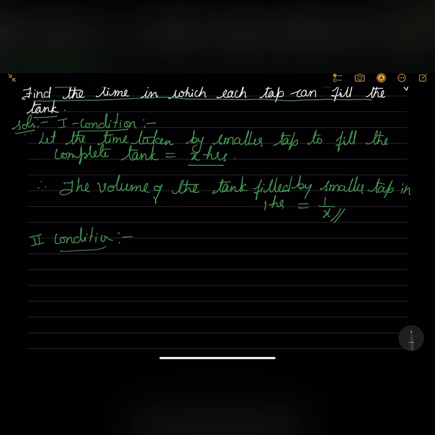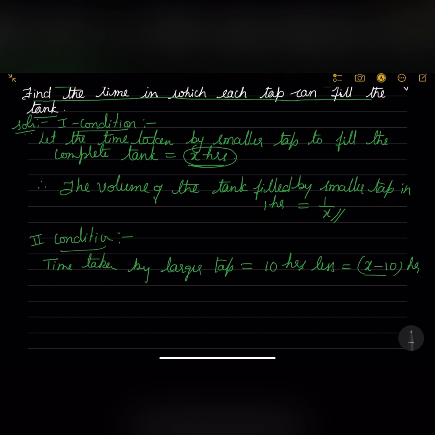So the time taken by the larger diameter tap is 10 hours less, which means x minus 10. We have taken x hours for the smaller diameter tap, so it is x minus 10 hours.